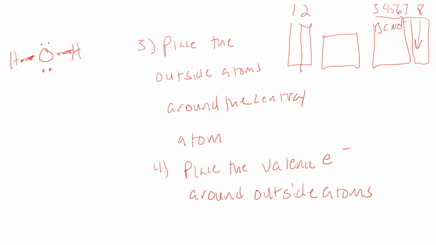And we can make a bond. That is number 5: make at least one bond to each atom, which we have, these, which made our bond there, and a bond there, and so forth.